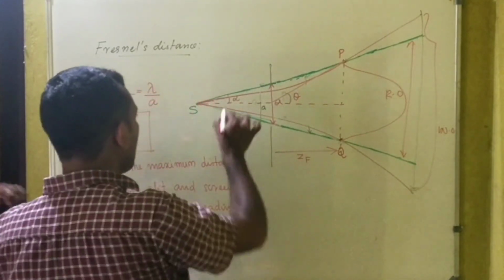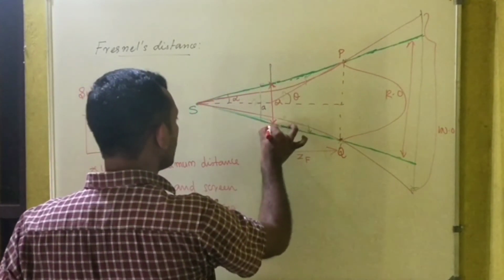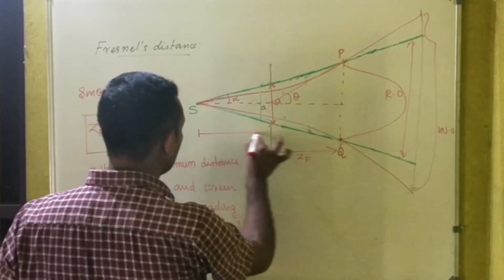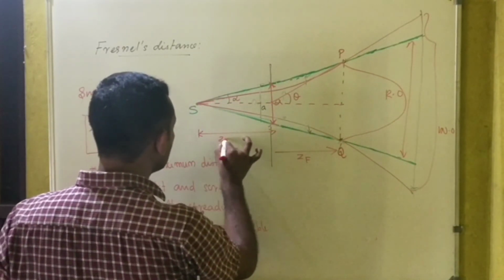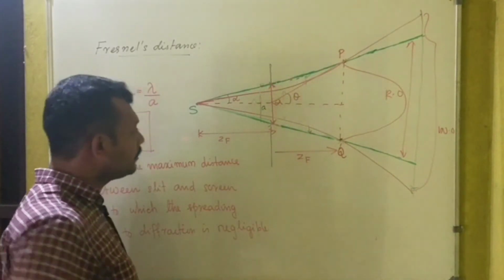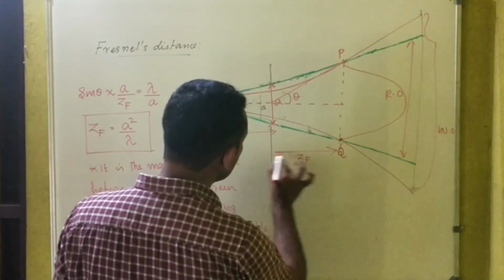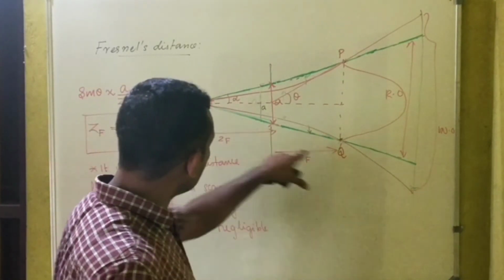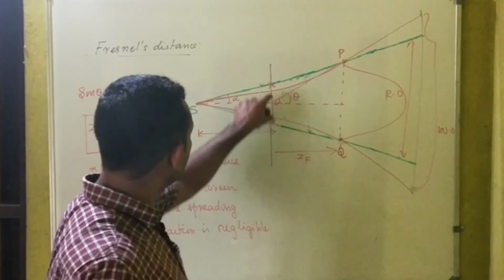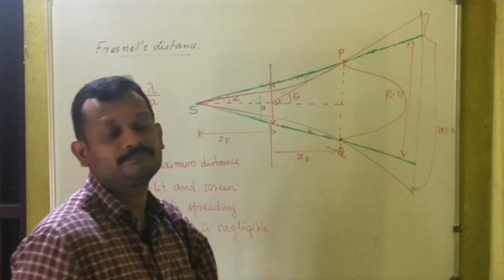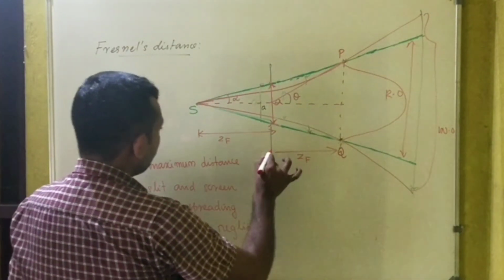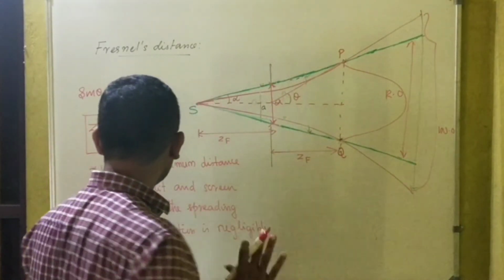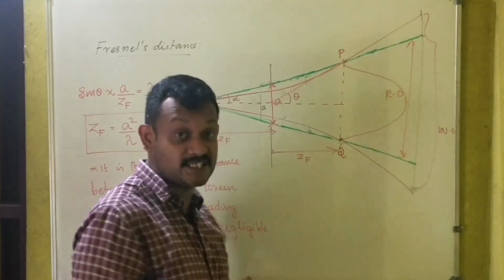Now I have used the ideas of the basic proportionality theorem to solve this. This distance is approximately ZF in that situation, and this distance also is approximately ZF. So the total becomes 2 ZF. This much is ZF, this is A, this is 2A. So the Fresnel distance is the maximum distance between the slit and screen for which the spreading due to diffraction is negligible.